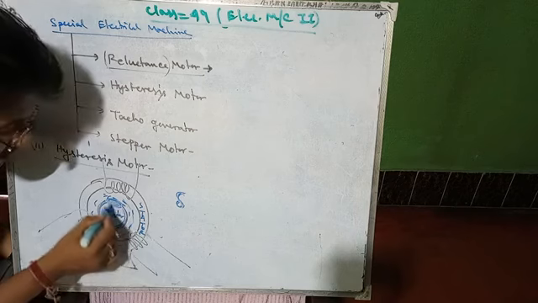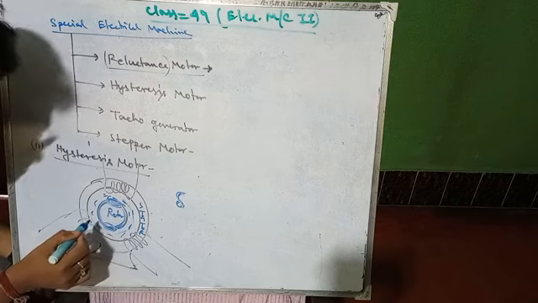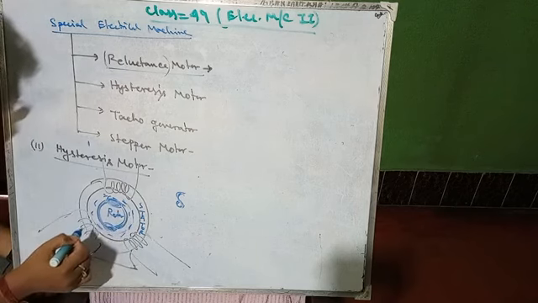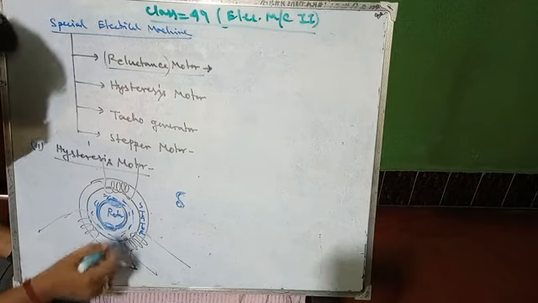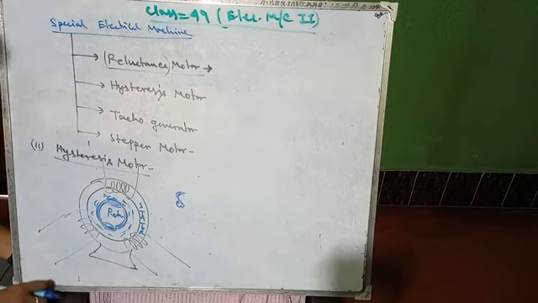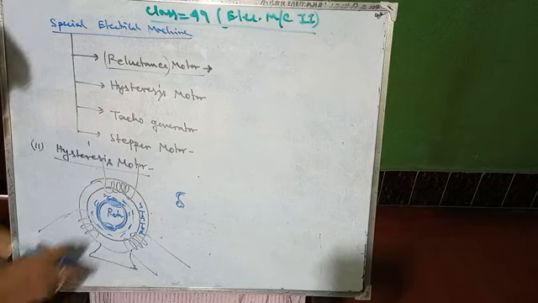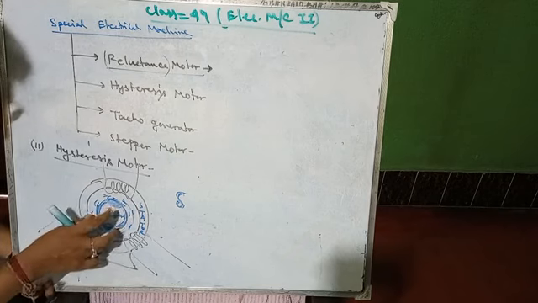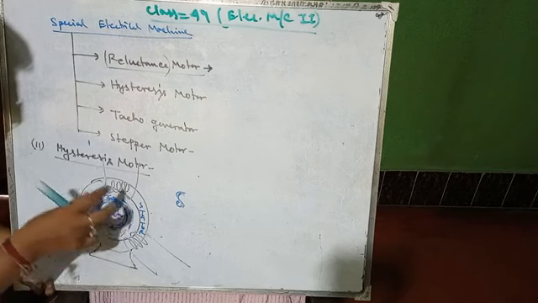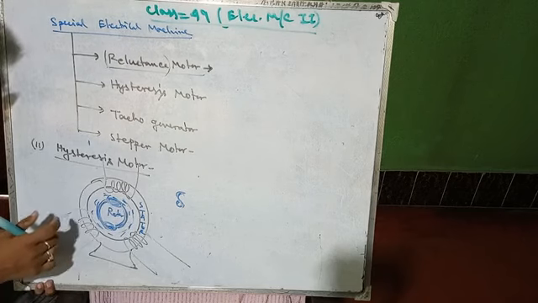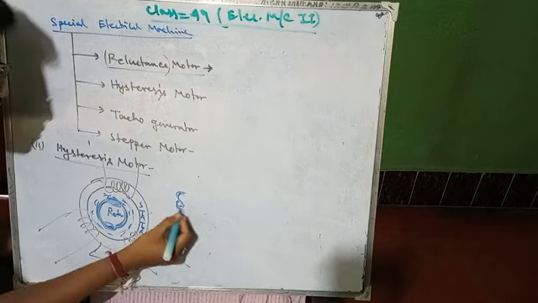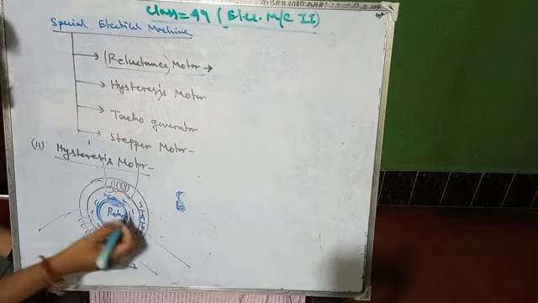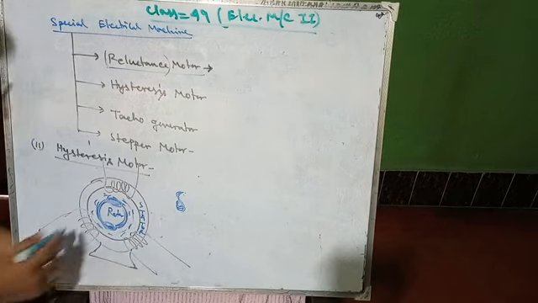Because this rotor is completely made up of ferromagnetic material, it will experience hysteresis, and due to this hysteresis loss there will be a lagging from the stator magnetic field to the rotor magnetic field.